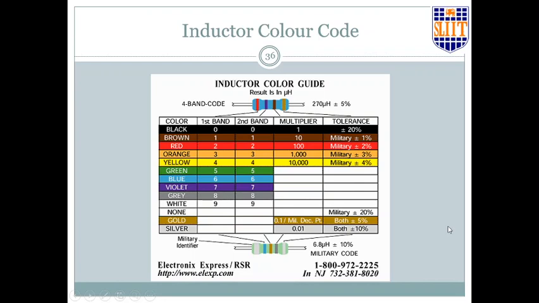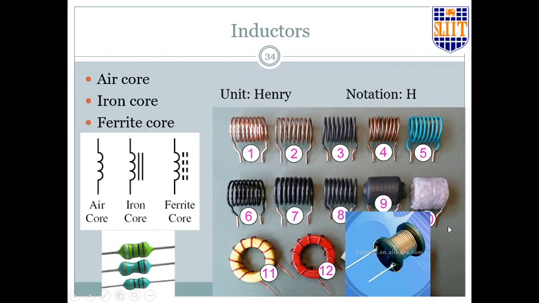Now, if you see something like this, would it be a resistor or an inductor? How can you distinguish? Of course, by looking at the outside, because most resistors have a yellow background, but there are resistors that have a blue background.